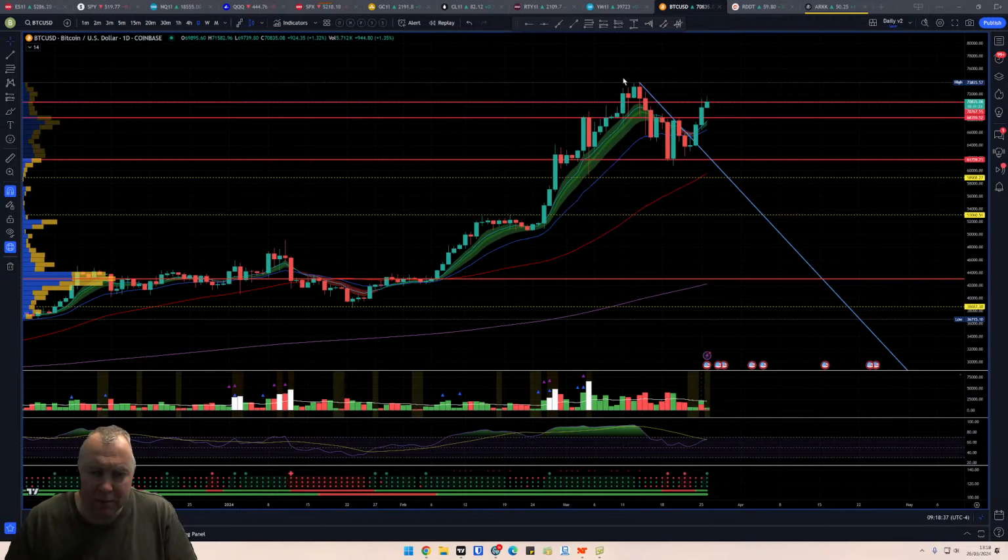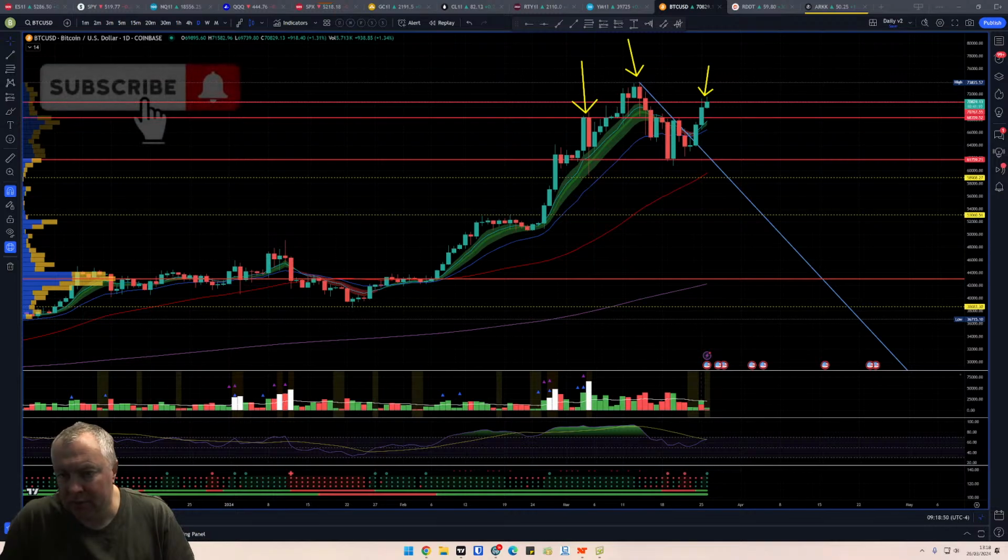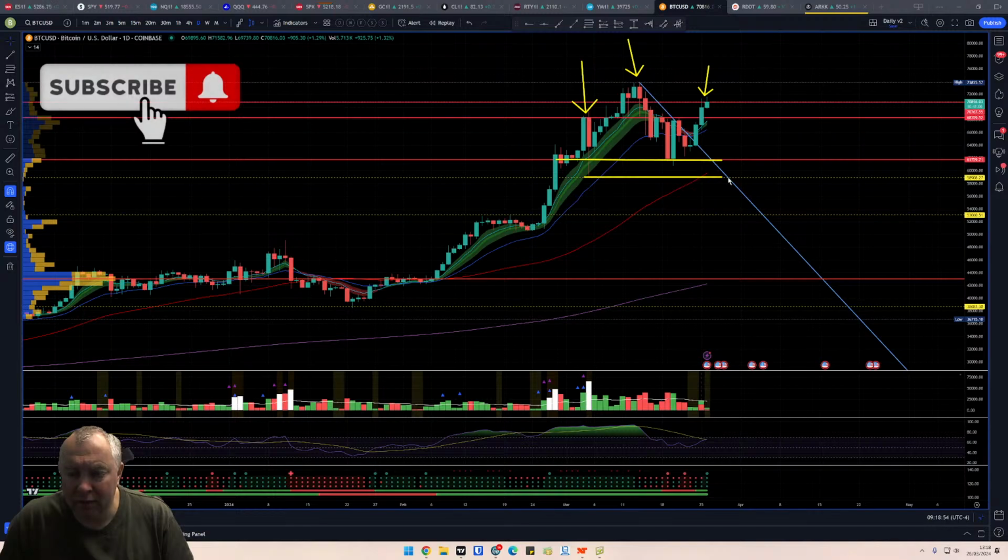So we talked about potentially looking at a head and shoulders pattern. This is the left shoulder, the head, and this could be the right shoulder forming right now. And then the neckline can be this area, which happens to be on the 50.